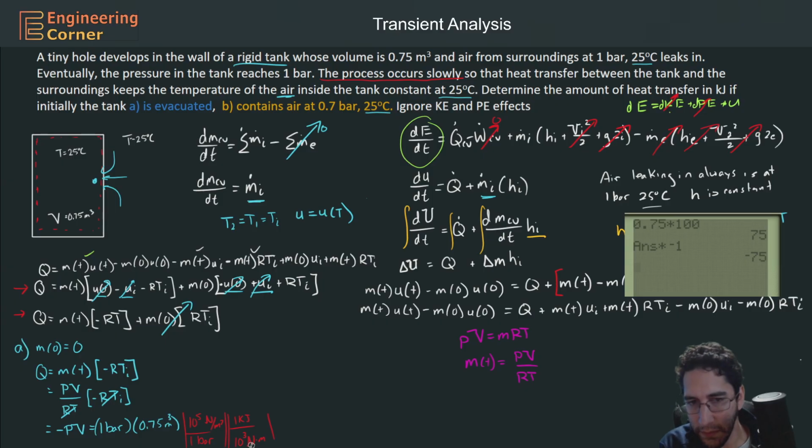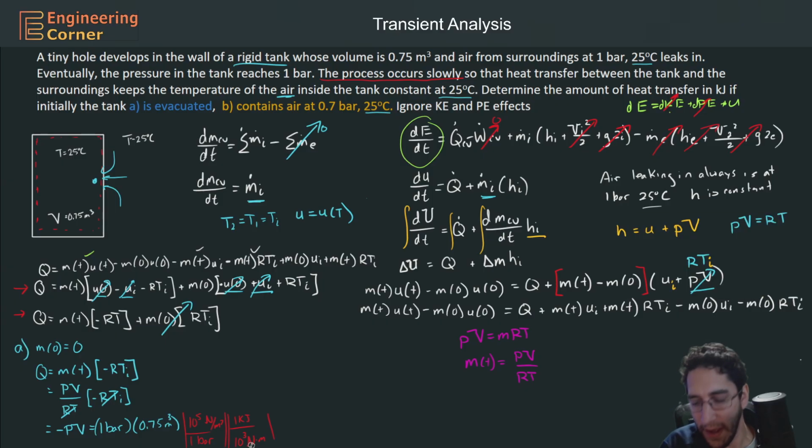So I get this is equal to negative 75 kilojoules. Let's make a better box there. Okay. Minus 75 kilojoules. Okay. Let me get rid of this right here.